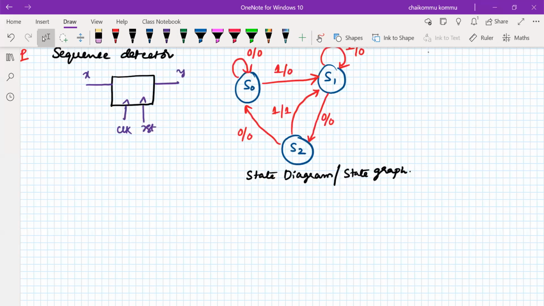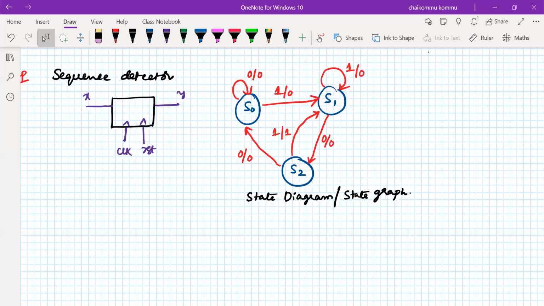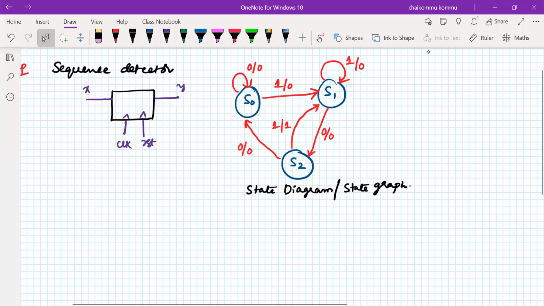By the way, how do we generate the truth table from this one? Actually, we feel the truth table is a comfortable way to understand the behavior. But the state diagram we are given, how do we generate the truth table from it? The truth table is something like this.